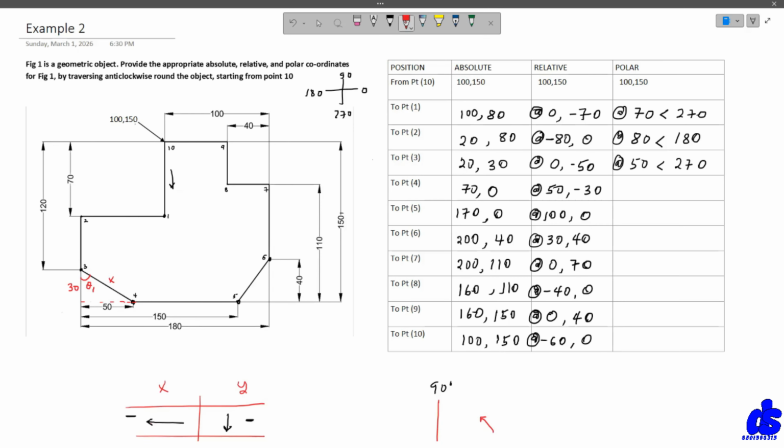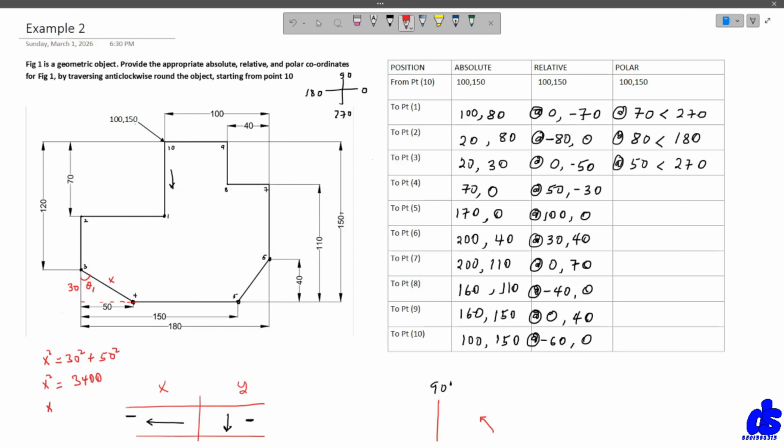So using the Pythagoras theorem, we have x squared is 30 squared plus 50 squared. When you sum it up, 30 squared plus 50 squared is going to be 3,400.